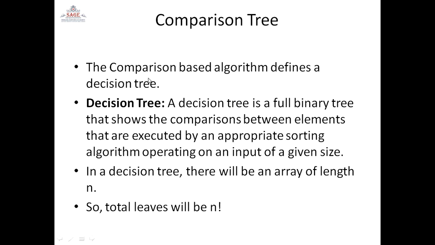A comparison based algorithm defines a decision tree. When we are sorting or searching elements, we do comparisons, so for that we make a decision tree. Our decision tree is a full binary tree that shows the comparisons between elements executed by an appropriate sorting algorithm operating on an input of a given size.